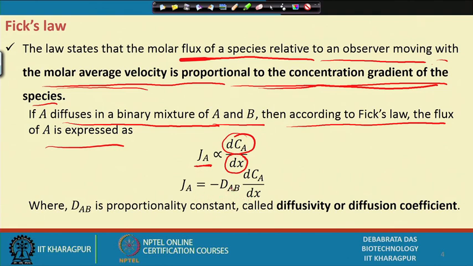So this is equal to D_AB, the constant which we consider as the diffusivity or diffusion coefficient. So J_A, the rate of flux of A, can be expressed as minus D_AB dC_A by dx. Now question, why is this negative term coming? Because the movement of the solute always takes place from high concentration to low concentration. That is why this negative term has come.